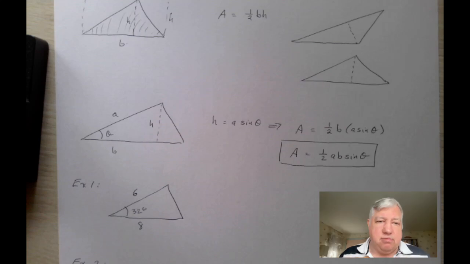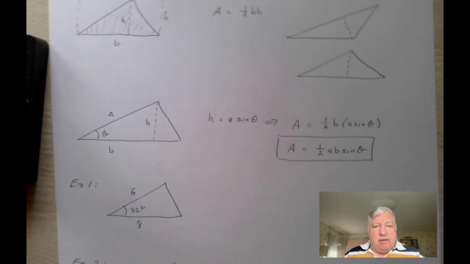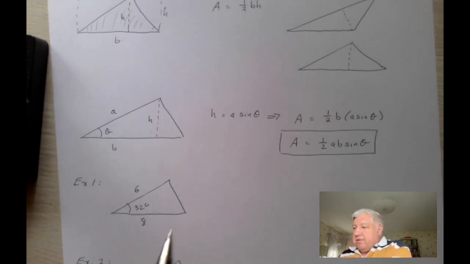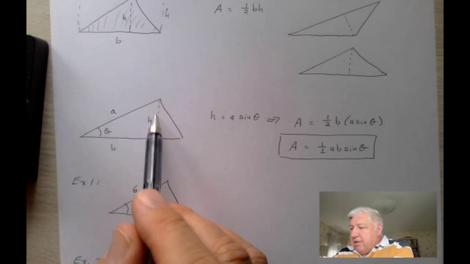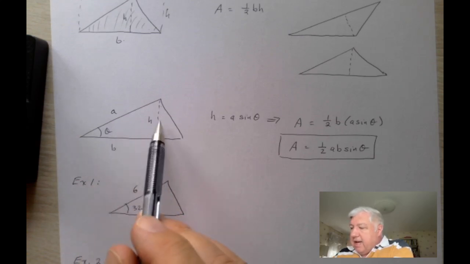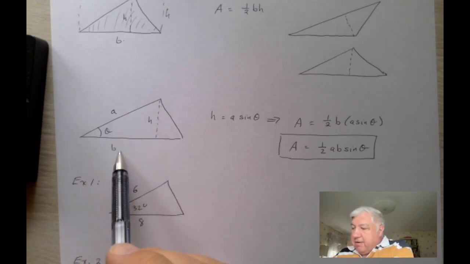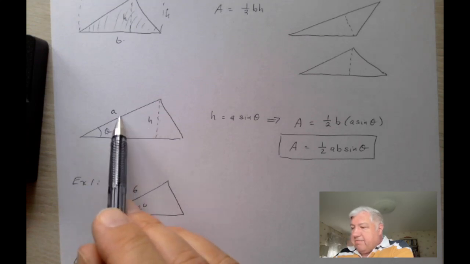Now, let's say we're not given the height, but we are given two sides of the triangle, and we're also given the angle that is between them. That's great because we can easily find the height of the triangle. We draw the height here, and we get a right triangle within our big triangle, and the sine of theta will be h divided by a.